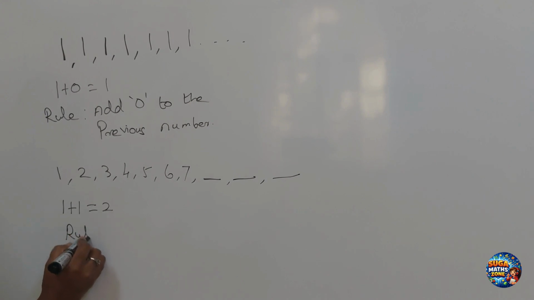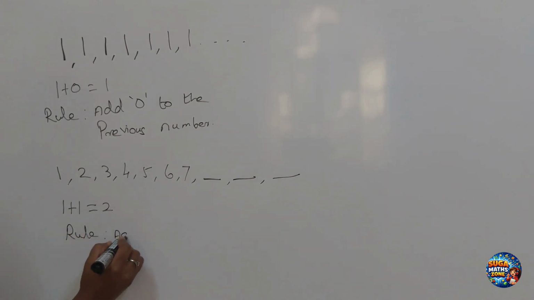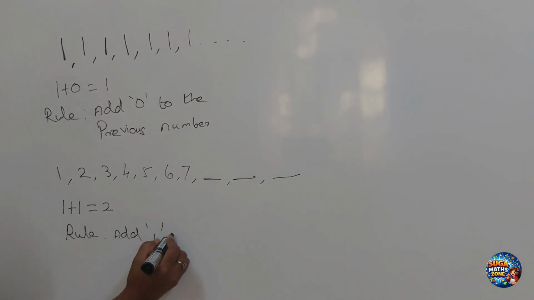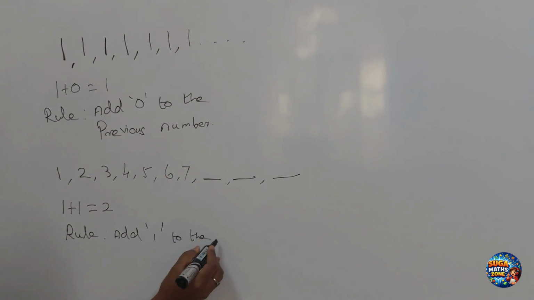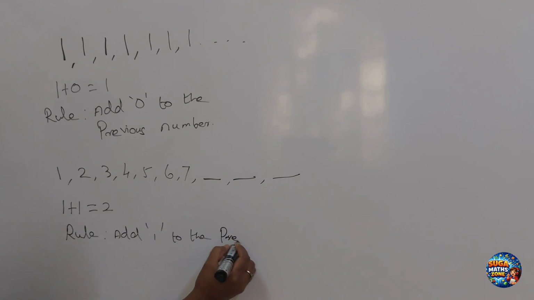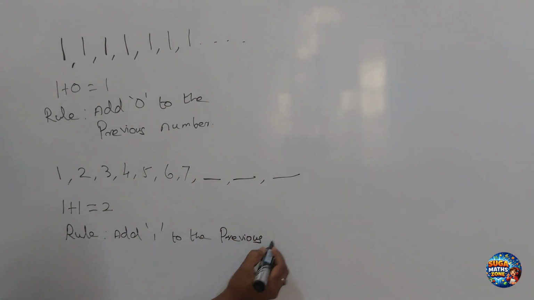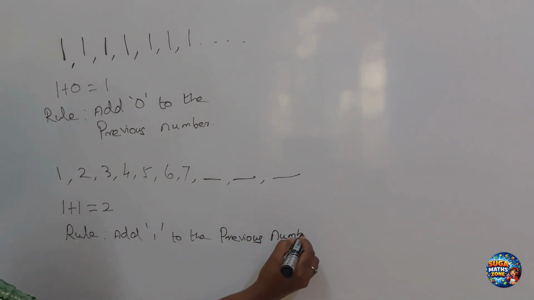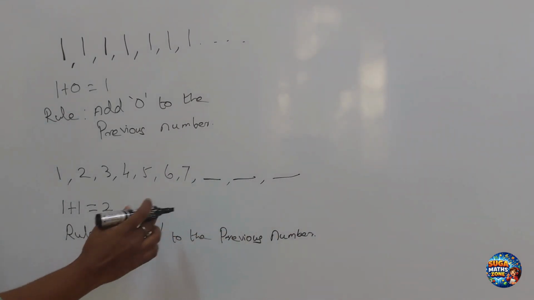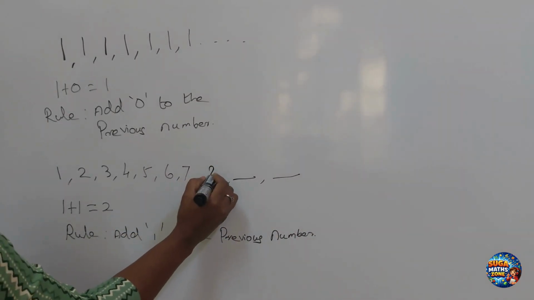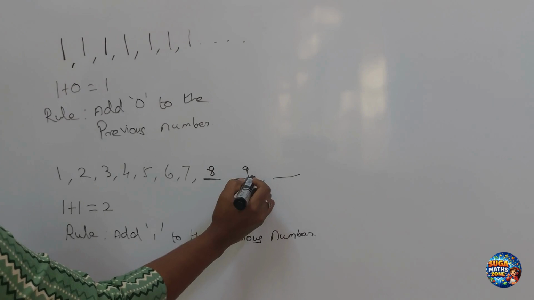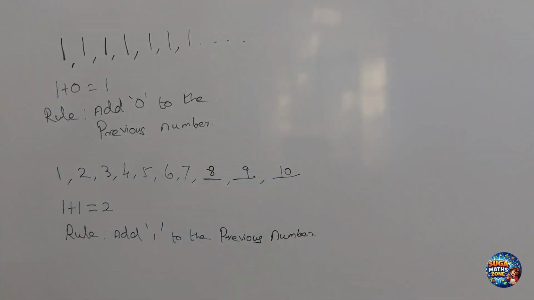So the rule is add 1 to the previous number. The next 3 numbers are 7 plus 1 is 8, 8 plus 1 is 9, 9 plus 1 is 10.